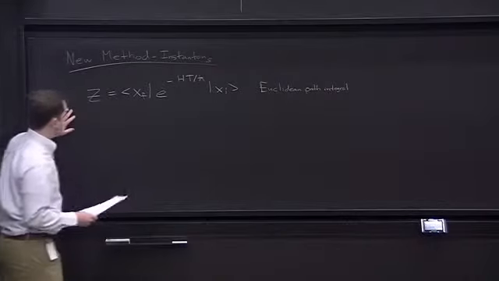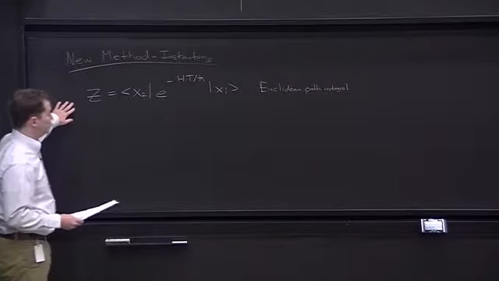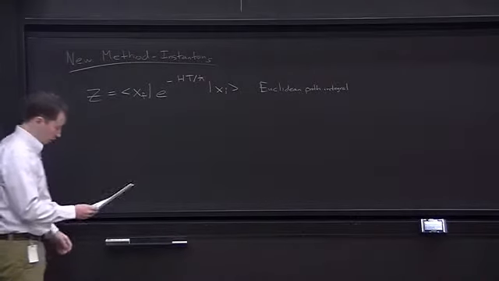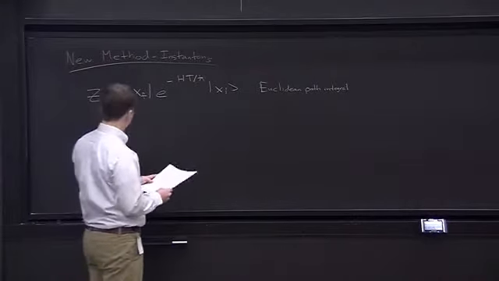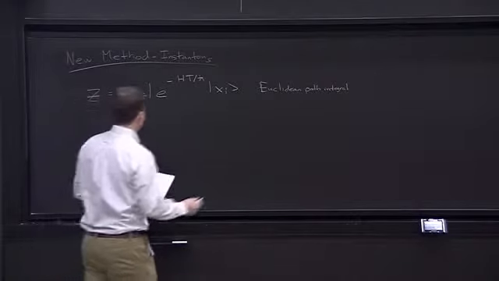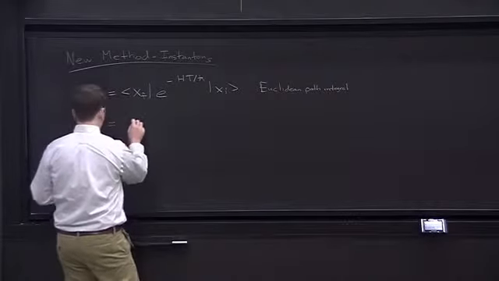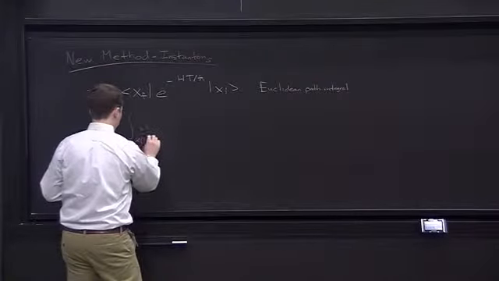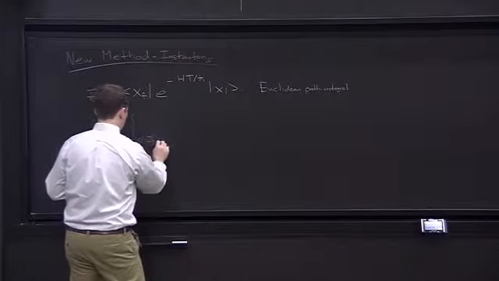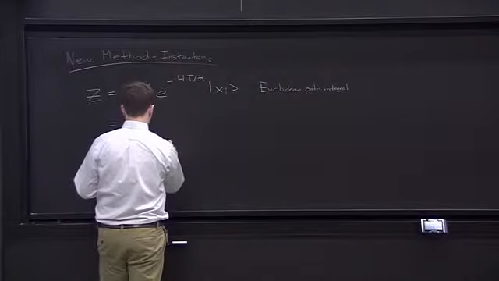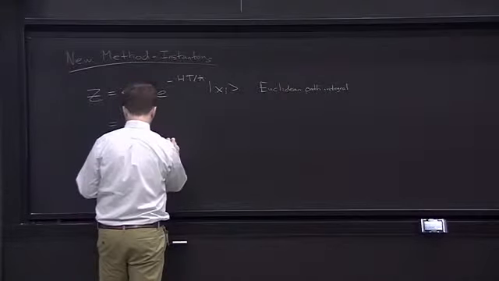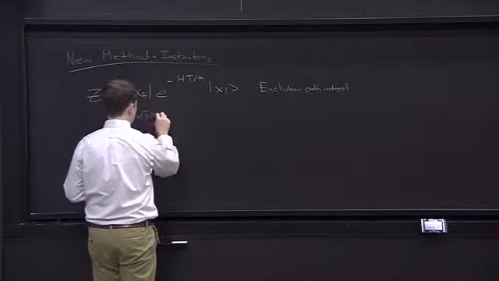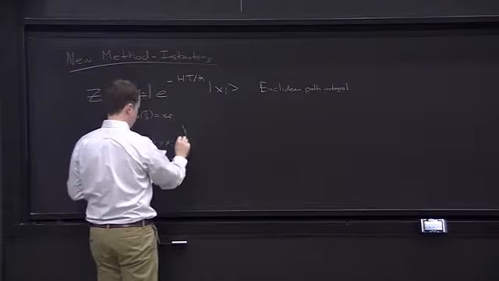But it's worth pointing out before we go through those examples that there's a lot of information contained in this expression. We can write this as a Euclidean path integral. The boundary conditions are x of minus T over 2 is xi, x of T over 2 is xf.